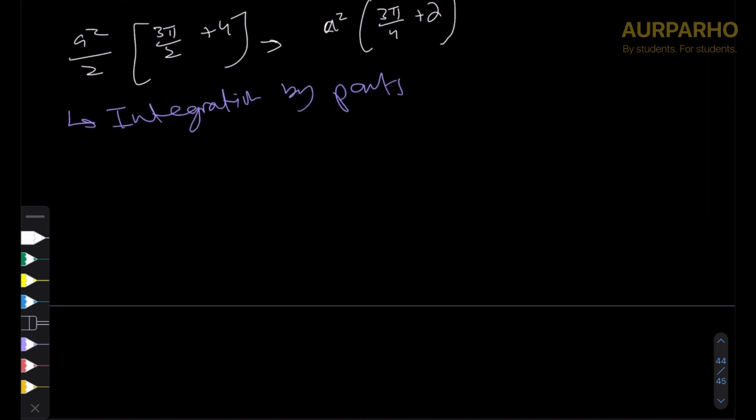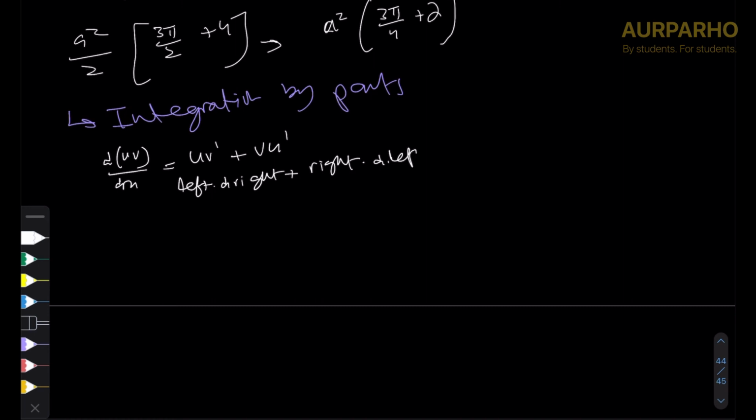So when you study the product rule, the derivative of two products, let's say uv, would be uv prime plus vu prime, where prime basically means derivative, or you might remember it as left times derivative of right, plus right times derivative of left, right?